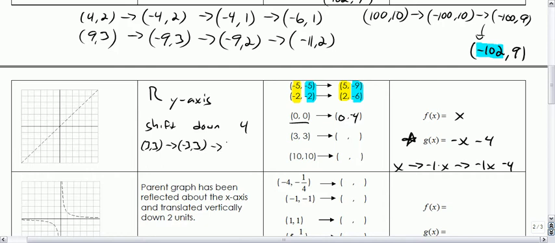And then down 4 gives me (-3, -1). And then (10, 10) across the y-axis gives me (-10, 10). And the last one, down 4, would give me (-10, 6).